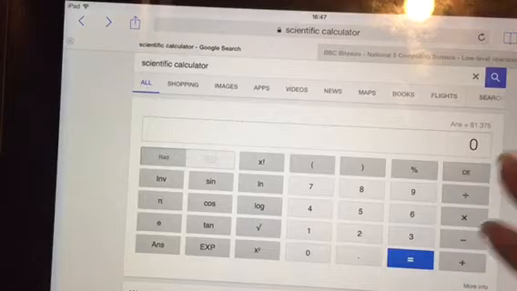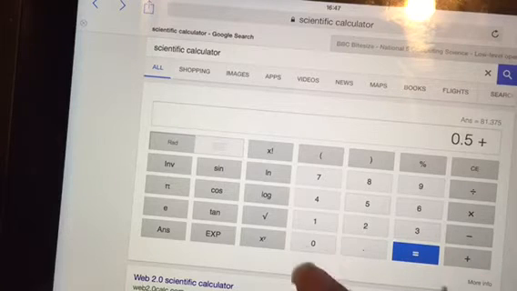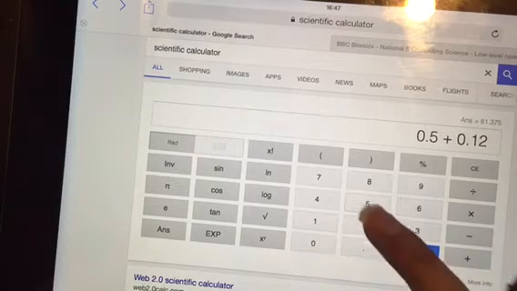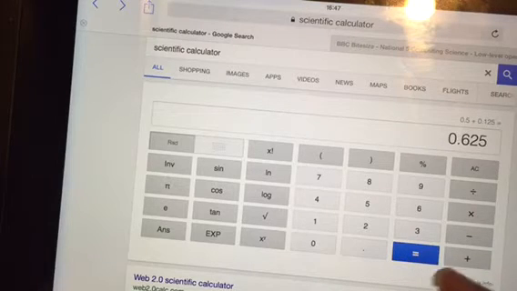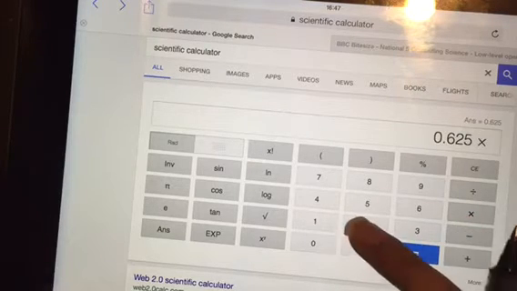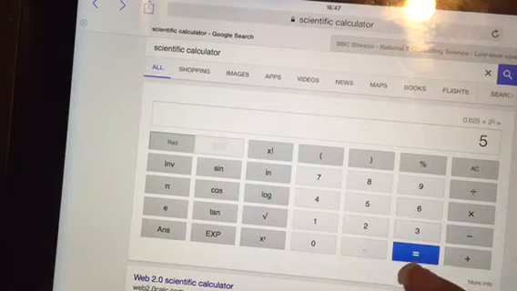So what should we have? We had 0.5 plus 0.125, which gave us 0.625, and we timed it by 2 to the power of 3, which gave us 5.